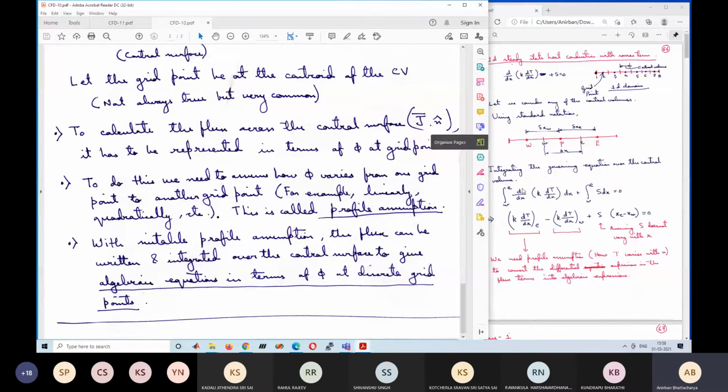Okay, after the first example, if we revisit this part, we will understand what is the meaning of this thing. How to actually calculate j dot n, and what it means for taking a profile assumption, and how to calculate the equation in terms of discrete grid point values.